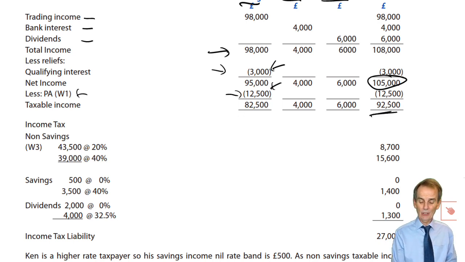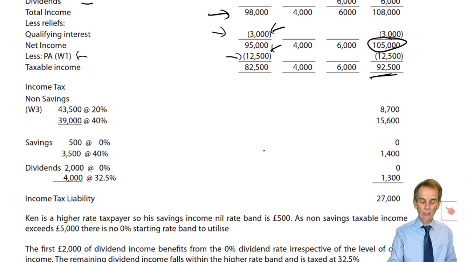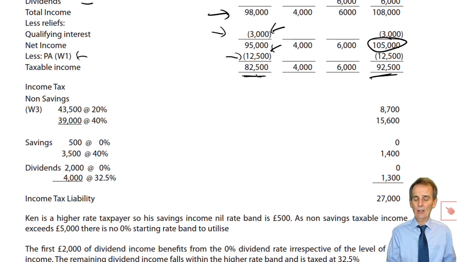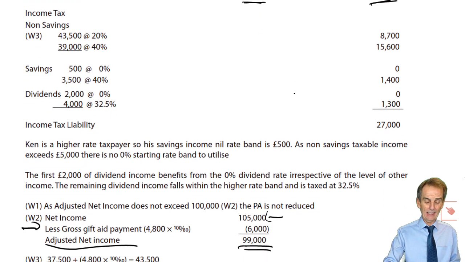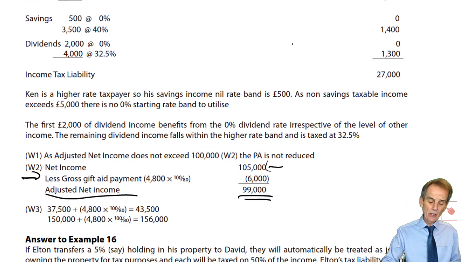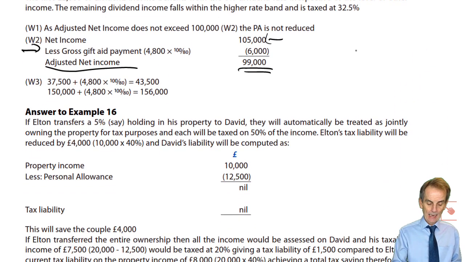So we've now got taxable income of 92,500, the vast majority of which is non-savings, and that is the first to be taxed. But before we can tax any of this income, non-savings or anything else, now that we've seen that there is a gross gift aid payment to take account of, we need to adjust our basic rate band limit. No need to adjust the higher rate band limit because we're nowhere near £150,000 of income. Now, again, I've shown both calculations as you would do them here.